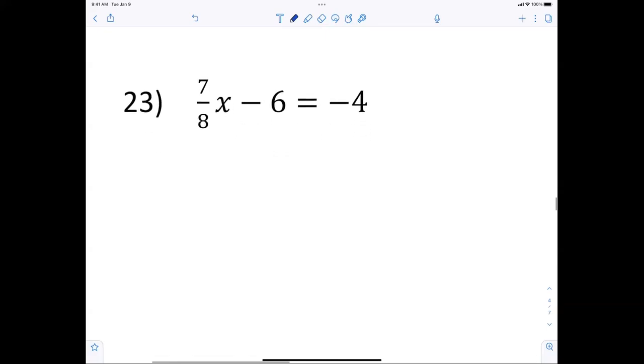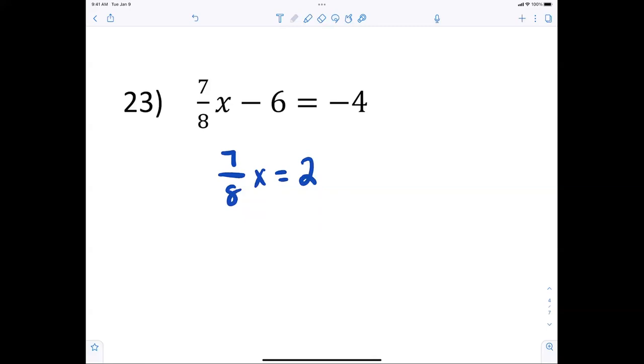This one should be pretty easy for us too. Ryan, let's see how you're doing. What do I have to do for this? I add 6 to both sides. You're left with 7/8 x equals 0.875... Okay, well, 7/8 x actually equals 2. 2.